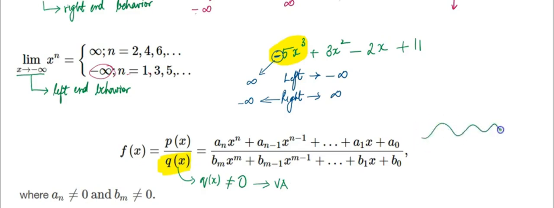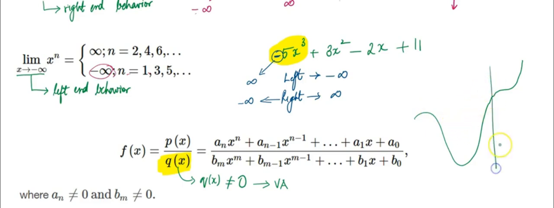So your graph is going like this. I mean, it's looking more like a wave pattern, but say your graph is going like something like this. And then if there is a vertical asymptote, there's going to be a break. So your graph cannot behave that way, right? Your graph has to behave a certain way. Let's say your vertical asymptote is here.